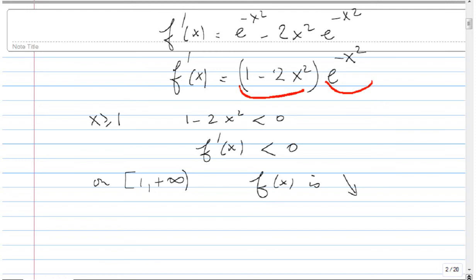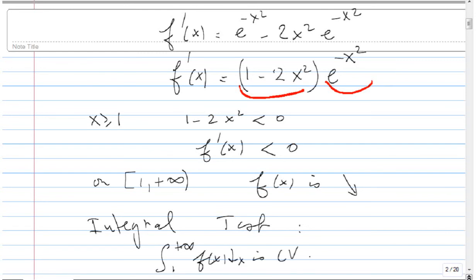So now the integral test tells us that the integral from 1 to plus infinity of f(x) dx is convergent if and only if the series of f(n) from 1 to infinity is convergent.